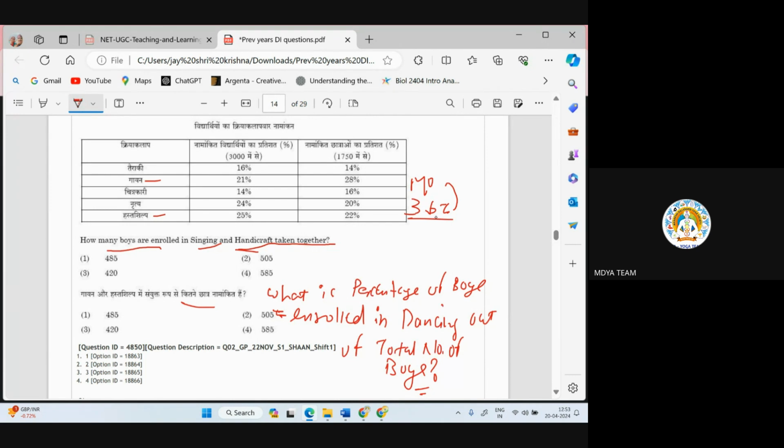Here, what is the percentage of boys enrolled in dancing out of the total number of boys? You can also understand it like this: out of the total number of boys, what percentage of boys are enrolled in dancing? Here the total is the total number of boys.